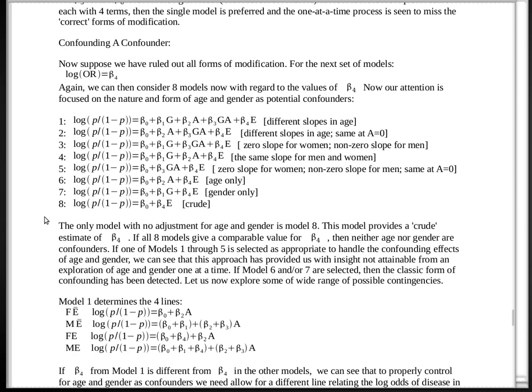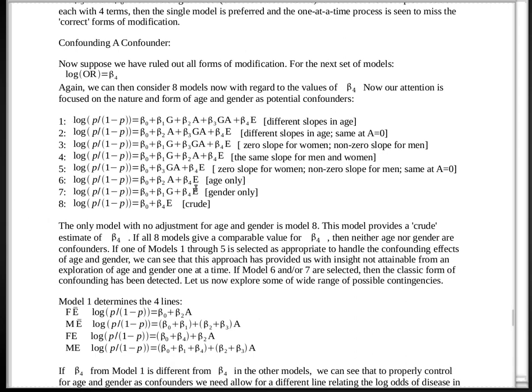And here is the very simplest, the crude, where there is nothing involving age or gender. Here are the 2 one-at-a-time circumstances, where there is adjustment for age only, and here's the model where we adjust for gender only. And they're intermediates, right, in the comparison between Model 1 and Model 8.